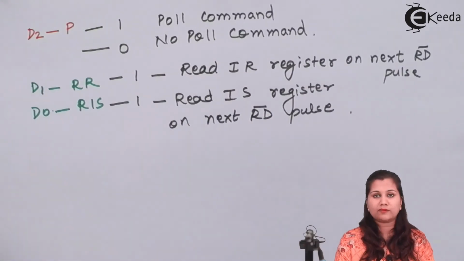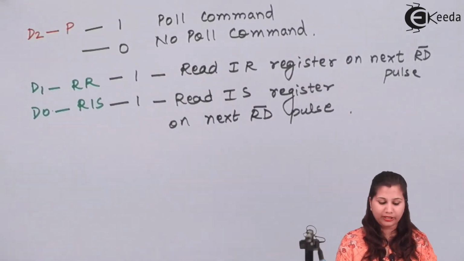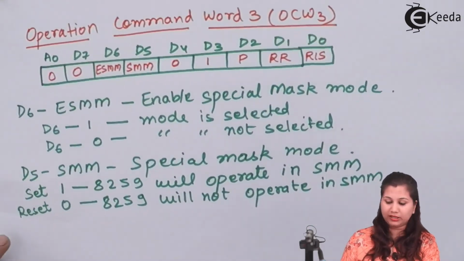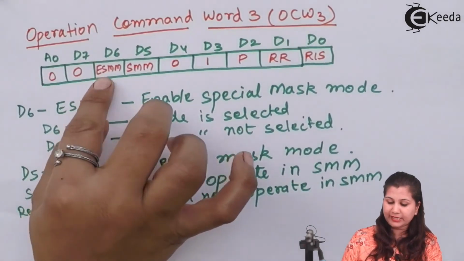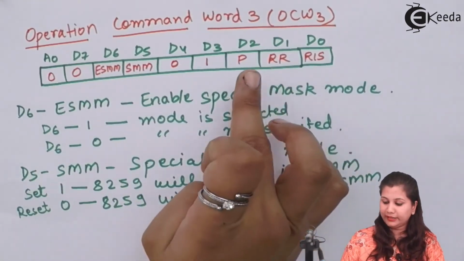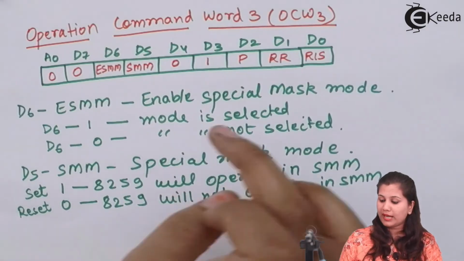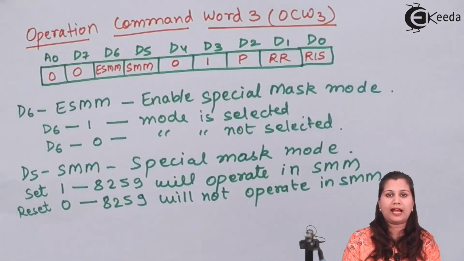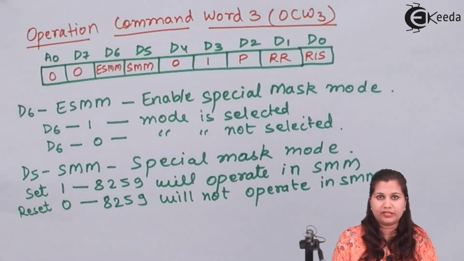So these registers will be read by the microprocessor from the 8259. If we see operation command word third, D6 and D5 select the special mask mode, D2 is for the poll mode, and D1 and D0 are used to read the in-service register and the interrupt request register.